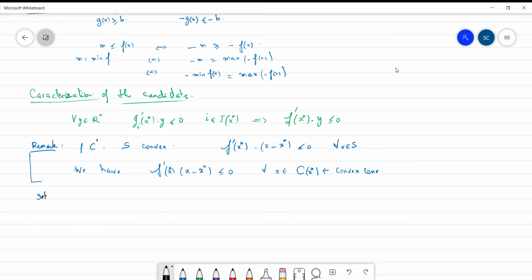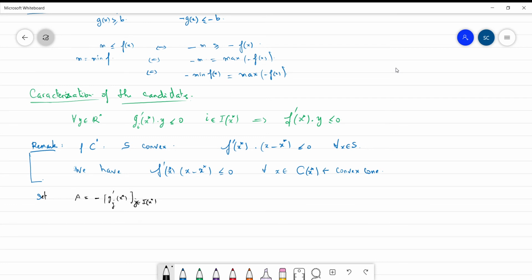Set A, the matrix defined by minus g i prime at x star, for i in the set where the constraints are active.